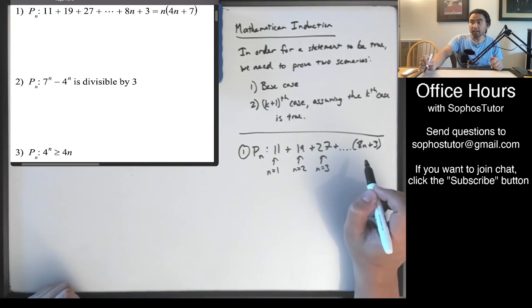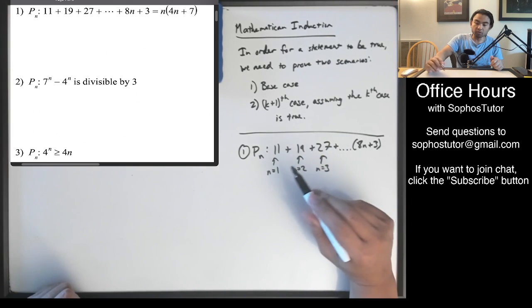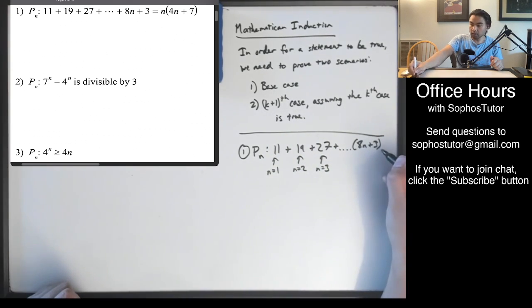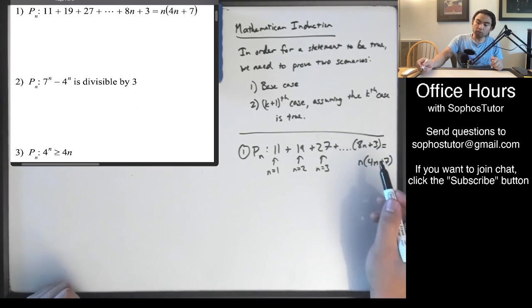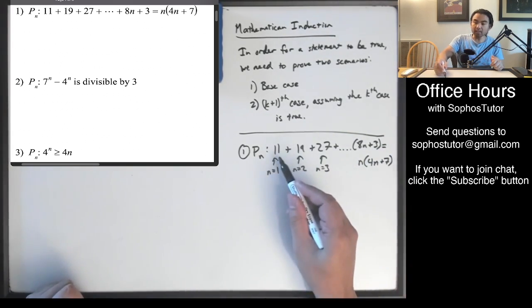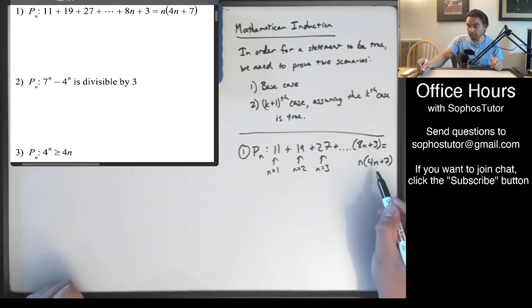If I add all the terms from the first term to the nth term, this says that I should get the equivalent of n times 4 times n plus 7. So how do we prove that this is always the case for all n?